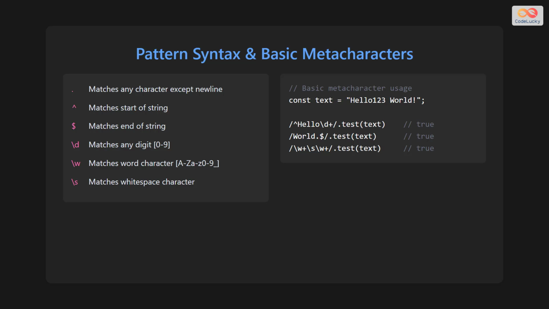In the code example, ^hello\d+ matches if the text starts with hello, followed by one or more digits. world.$ matches if the text ends with world, followed by any single character. \w+\s\w+ checks if the text contains a word, followed by a space, followed by another word.